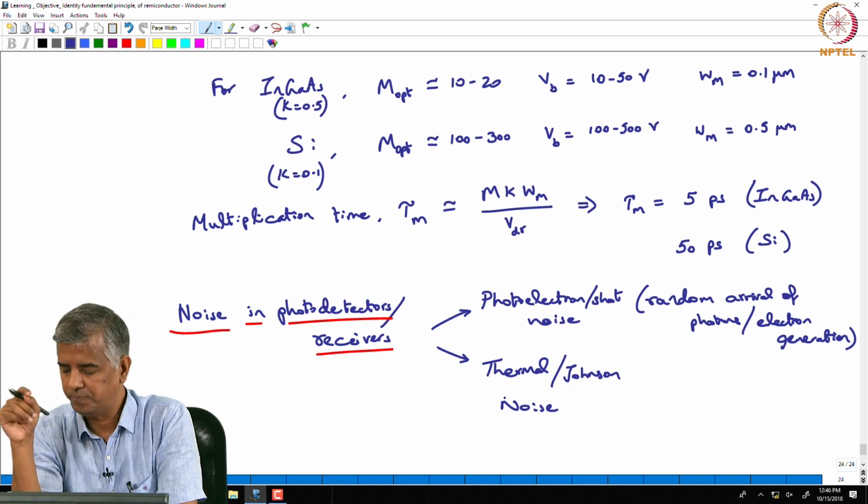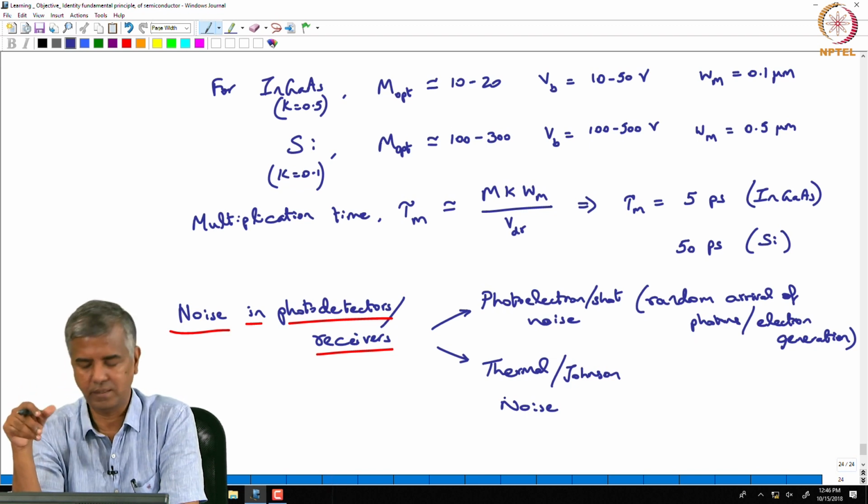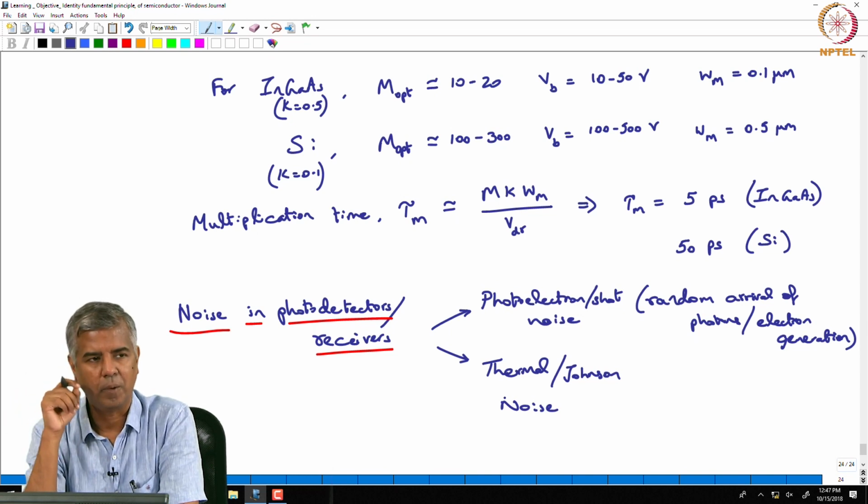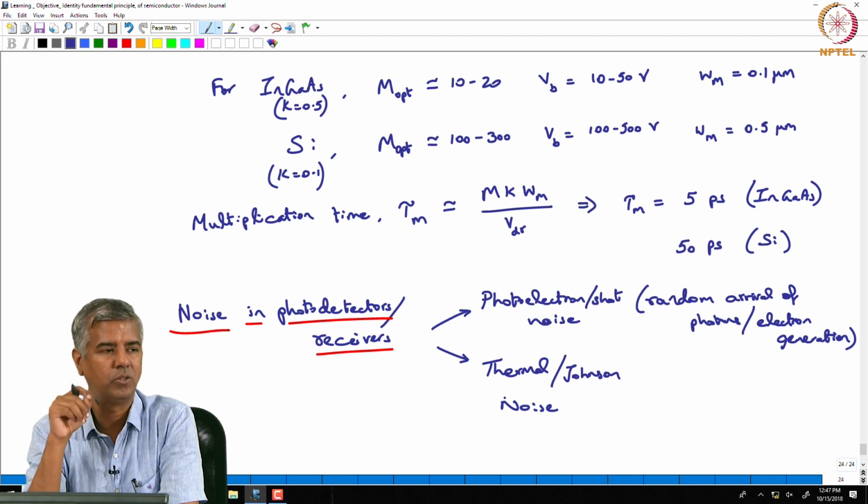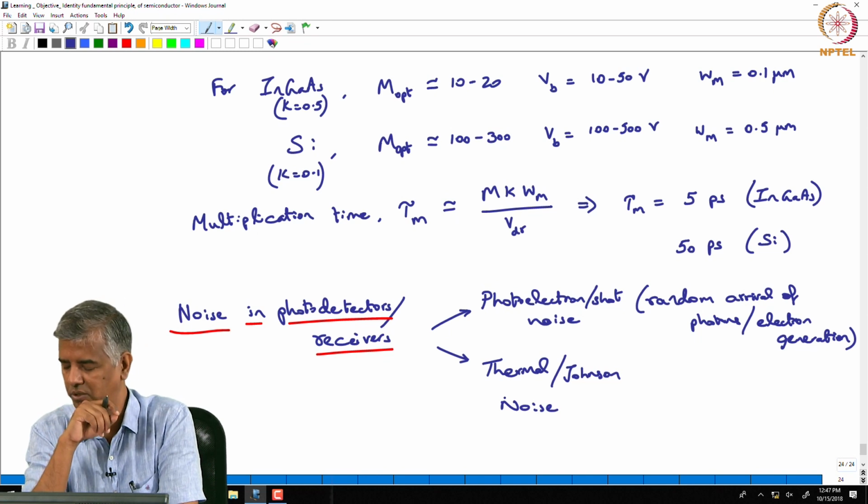So, that noise, because of the random flow of current through a resistor, is what you call thermal noise, or Johnson noise.